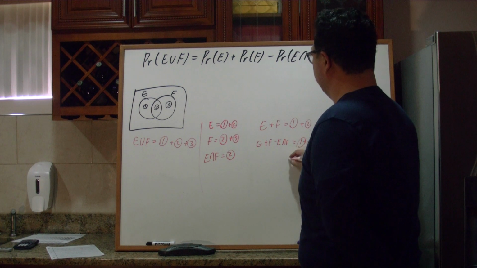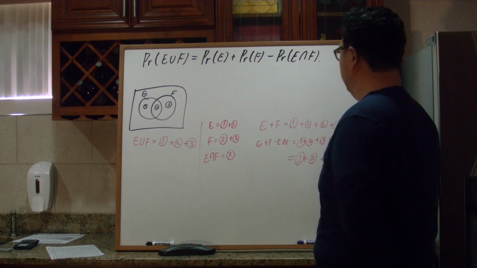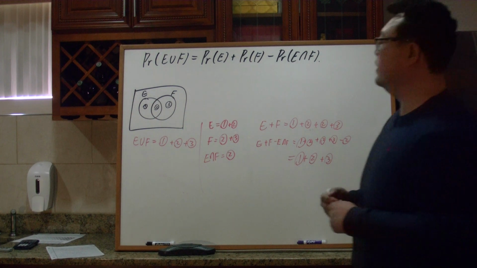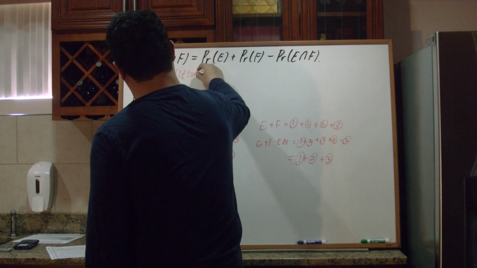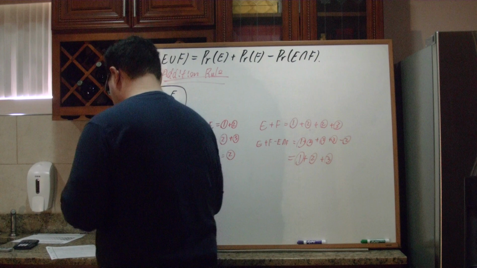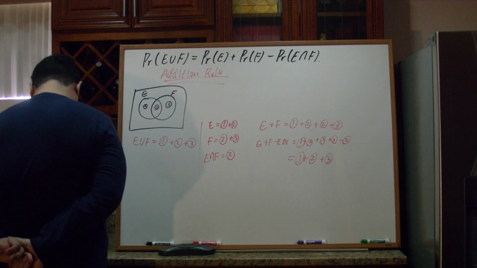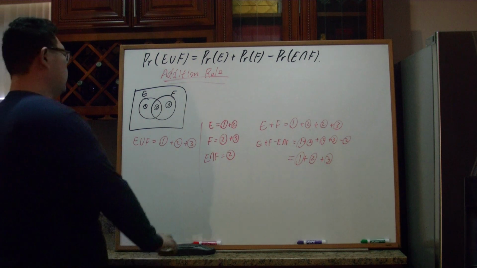We take out the middle piece, and we get 1, 2, and 3, which is appropriate. Right, so that is the addition rule.